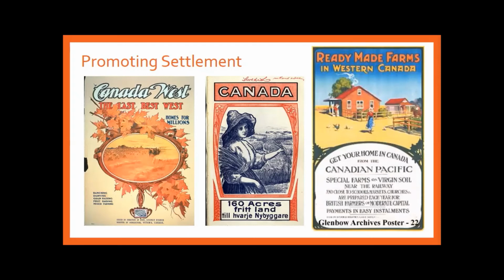When settlers came in the prairies, later, early settlers would help build the railway as a way to get money to finance their farms, because working on the railway was really hard work. But yeah, Canadian Pacific built the railway.